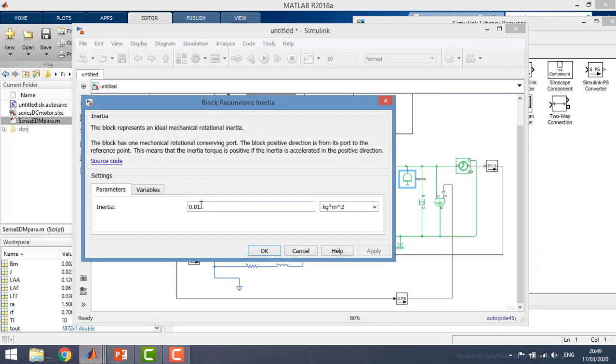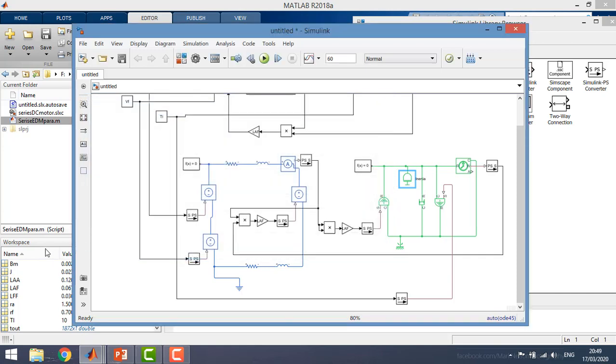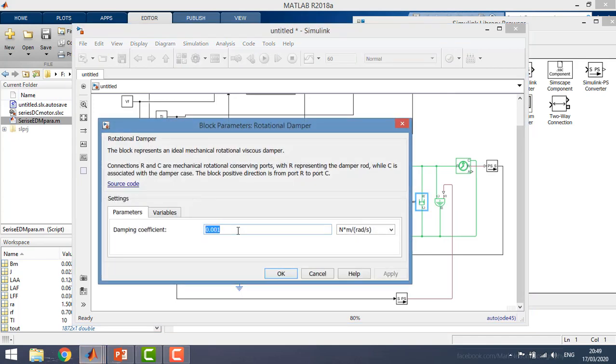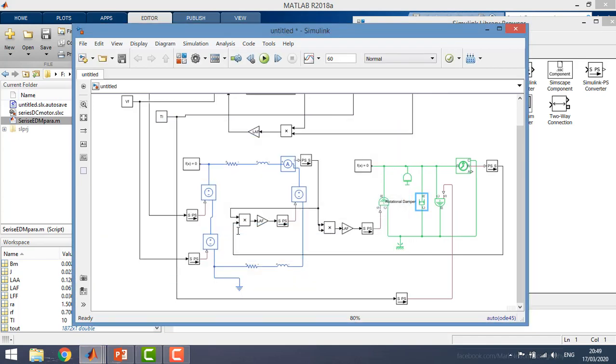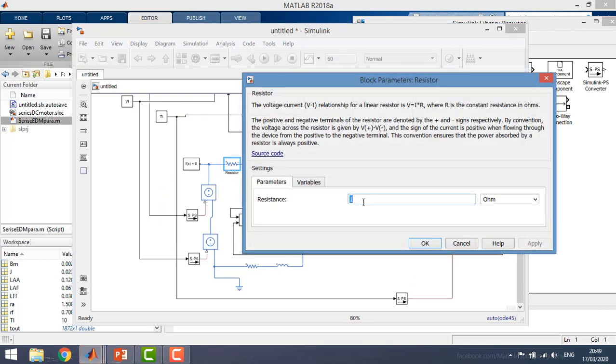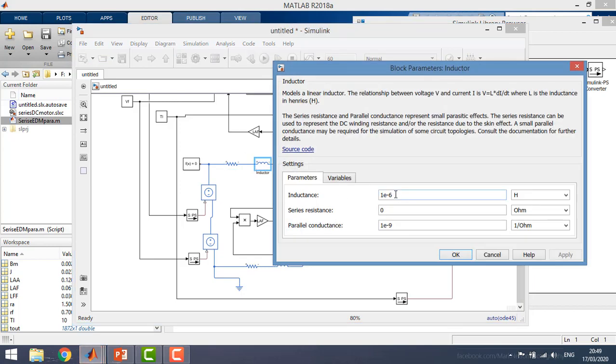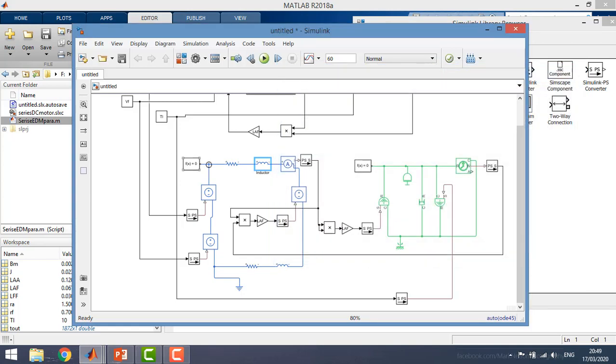and let's go and set those parameters similar to what we already presented. So this is the armature circuit, so self inductance and resistance.